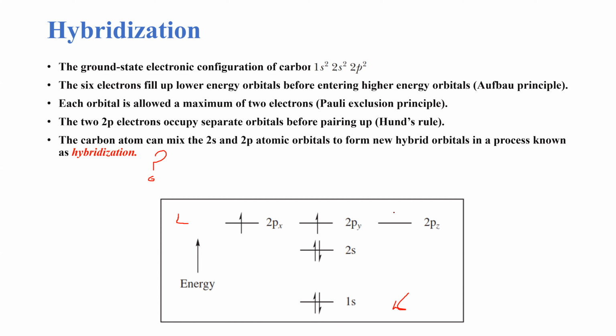So carbon should already have something in this orbital. For example, if it is making a bond with hydrogen and this electron has been shared with the hydrogen, for example, right?